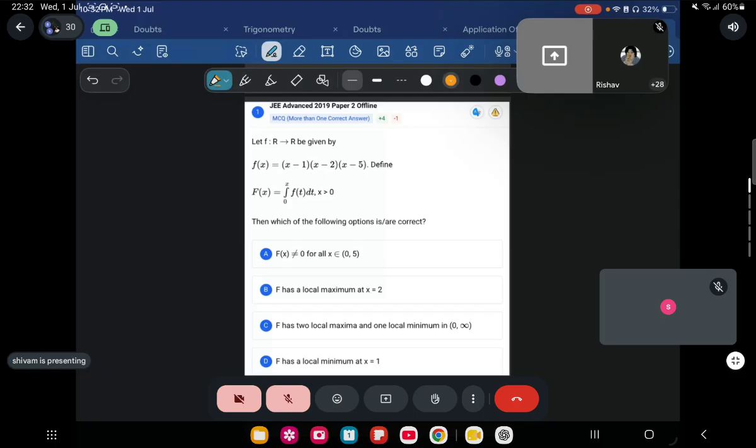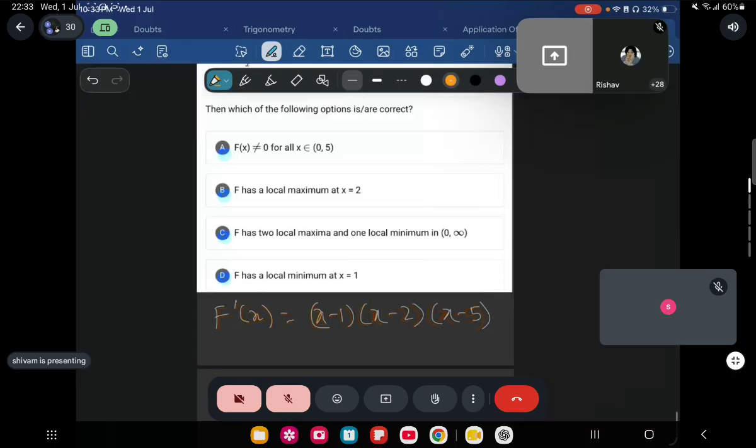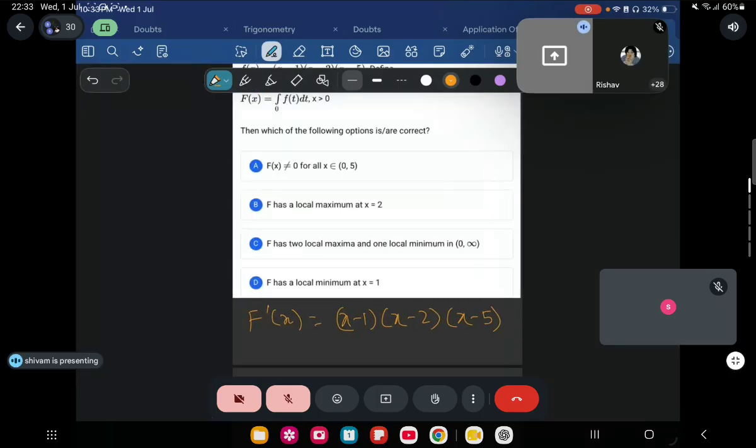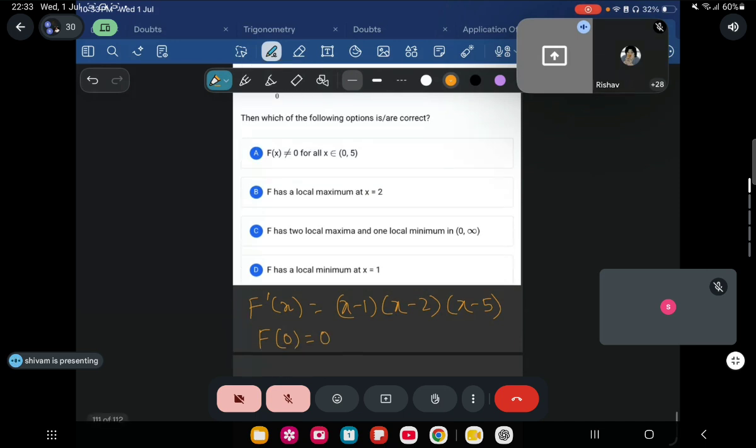In 0 comma 5 we need to think. Now what is f of 0? F of 0 is equal to 0.